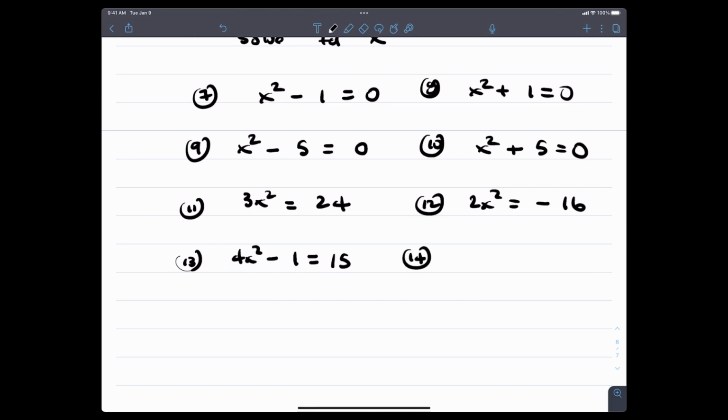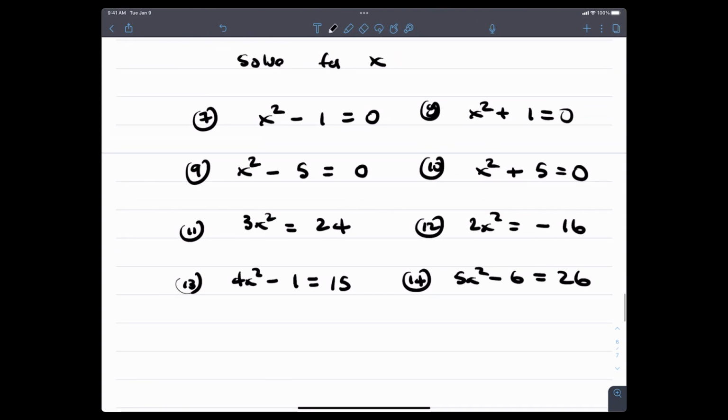And then 14: 5x squared minus 6 is 26. All right, you're going to solve for what? For x. We're going to give you guys some time here. All right, let's see what you get. Try this out.